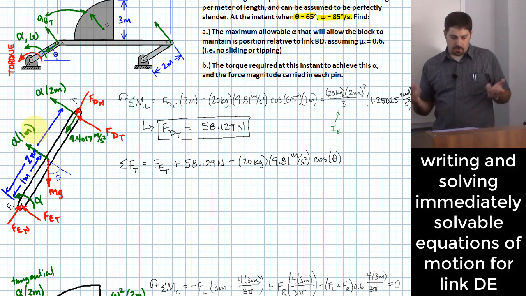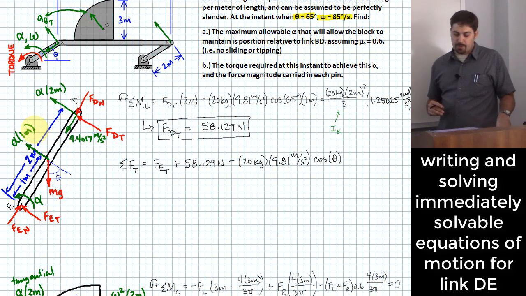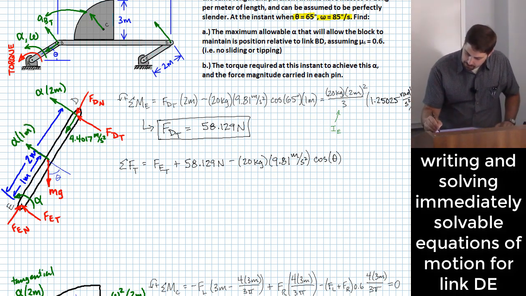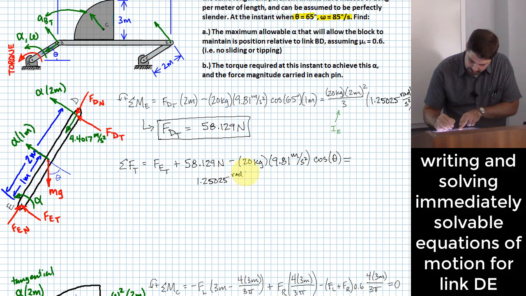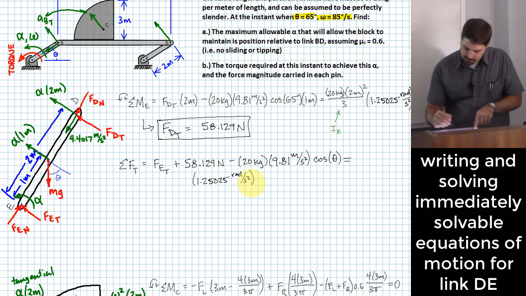Since I'm 1 meter away from the center of rotation, I just take alpha times 1 meter, and that means I can say this all is going to be equal to alpha, which is just 1.25025 radians per second squared, times 1 meter.